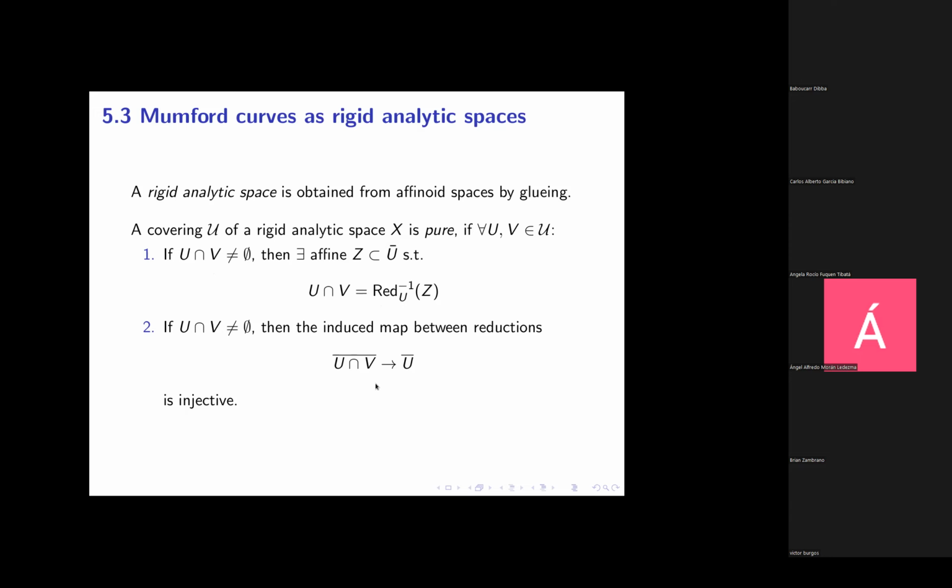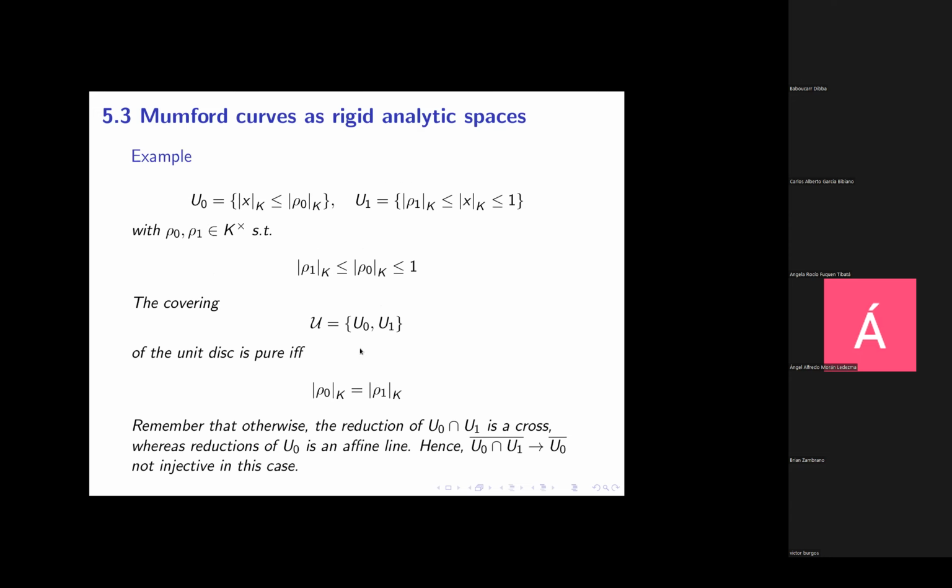Now, the thing is, it's not always injective. So in this example, you have U0, a disk, and U1, an annulus. So this time we have this rho 0 and rho 1. They might be different in their absolute values, but they're ordered in this way here. And you could cover the union with U0 and U1.